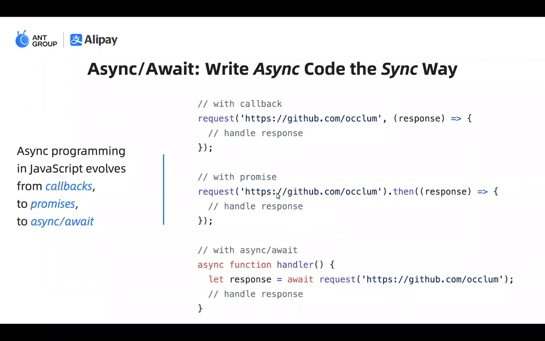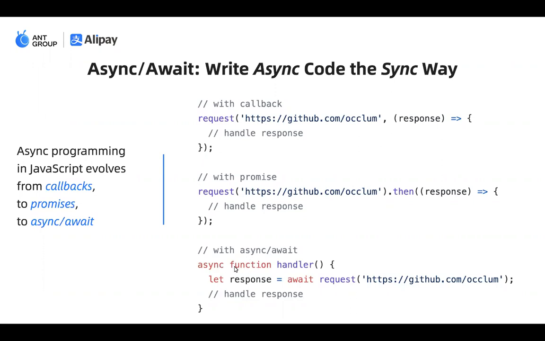A promise is an object that represents some async I/O or async tasks that will be completed in the future. And finally it evolves into this async await paradigm that allows a programmer to express async logic in a synchronous way.